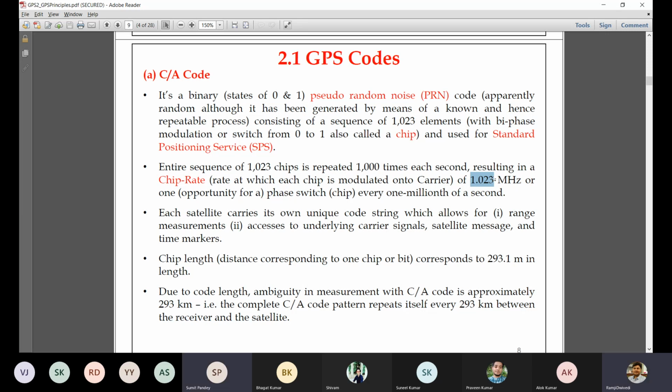Sir, is this 293 meters the repetition of code length? No, this is chip length. 293 meters is the chip length. See, these 1023 chips are 1010011010, so one individual one or individual zero is of this much length.